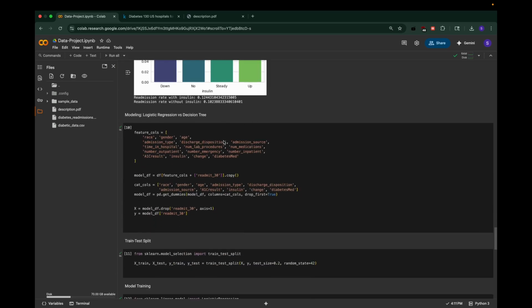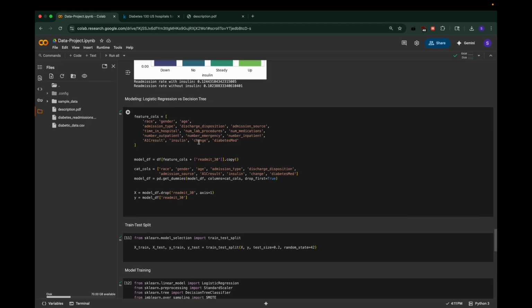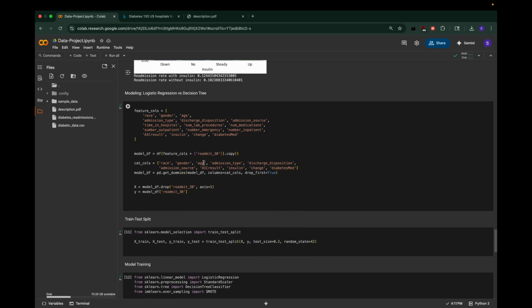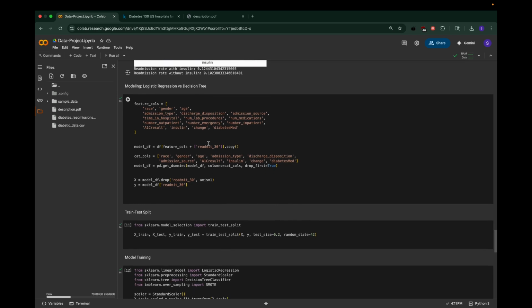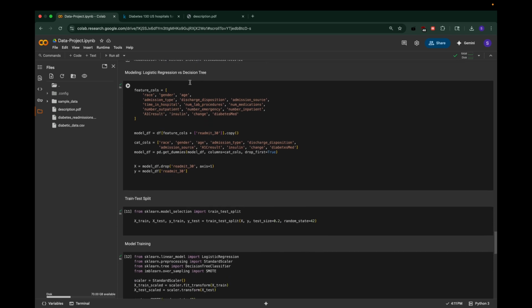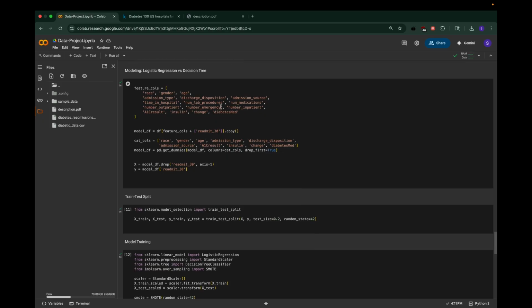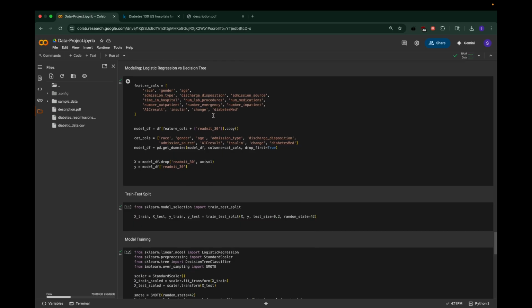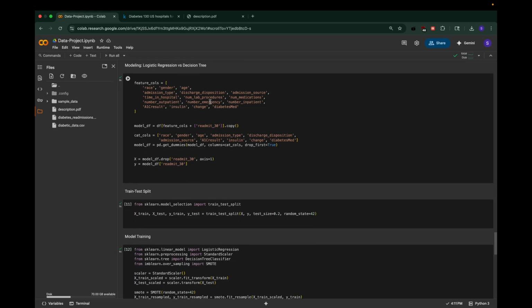Then we move on to modeling, logistic regression and decision trees, to predict readmission. I created a list of 16 features that are considered meaningful for predicting 30-day readmissions, and these include demographics, hospitalization info, and clinical indicators.